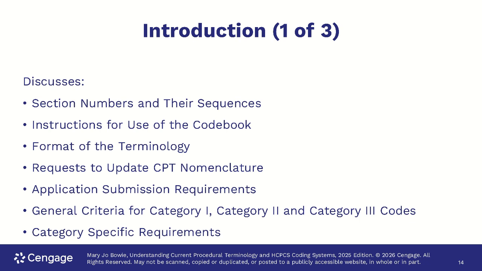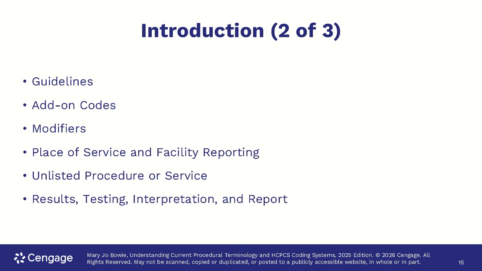It gives you the code numbers for those sections. It tells you how to use the book, the format of the book, how a request can be made to update CPT, the application requirements. It gives you the criteria for inclusion as a category one, two, or three code, and then basic category specific requirements.